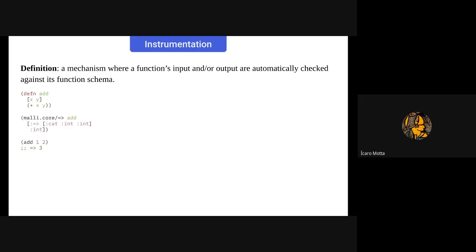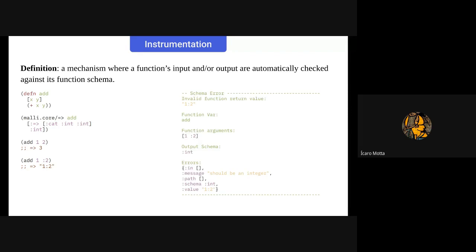And then if you call the function with valid arguments, it returns the value as usual and no error. If you call it with a keyword instead, JavaScript will automatically convert it to a string and concatenate them, but this will be considered an error. And Malli will catch this because the var has been instrumented.